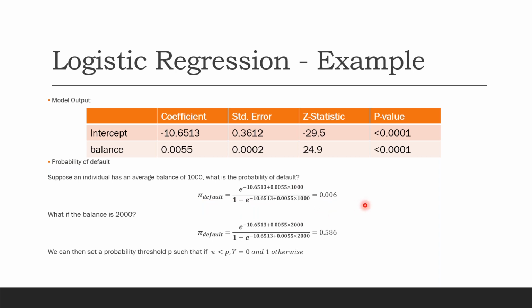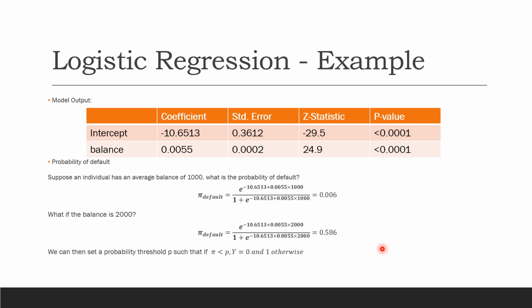Now the next scenario. Here the balance that the person had was 1,000. What if the balance was 2,000? Similarly, plug the numbers into the equation, and you get this value, 0.586. So now we have the probabilities, but how is the logistic regression giving us that number of 0 and 1?